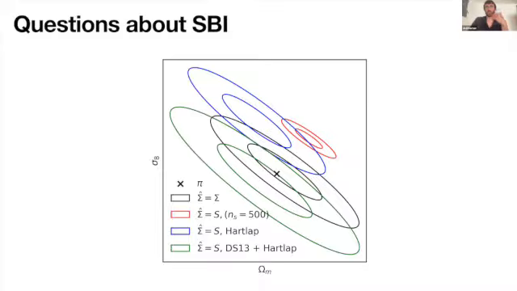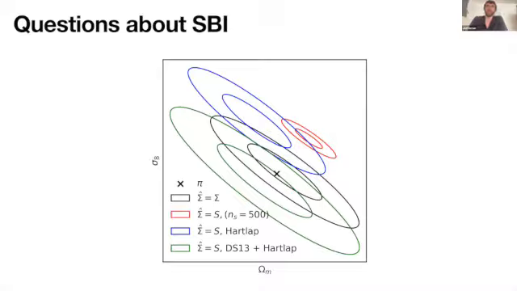In red, this is not accounting for the noise in the covariance at all, with a very low number of simulations, only 500 simulations given a 450 dimensional data vector. You can see that we're very, very biased and wildly underestimating the posterior width here, so very confidently wrong.